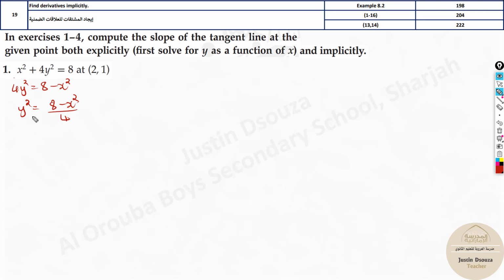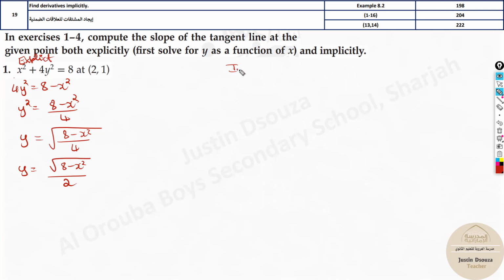Square root on both the sides would give us y equals square root of 8 minus x squared by 4. Now if you simplify it further, you will get square root of 8 minus x squared divided by 2. Okay, this is y alone at one side, and we have all the other terms over here. This is explicit.